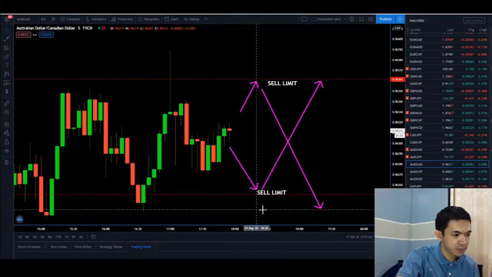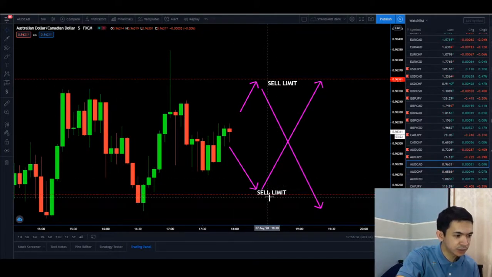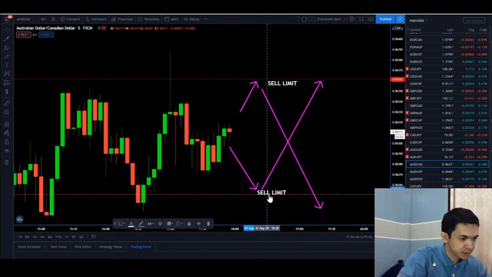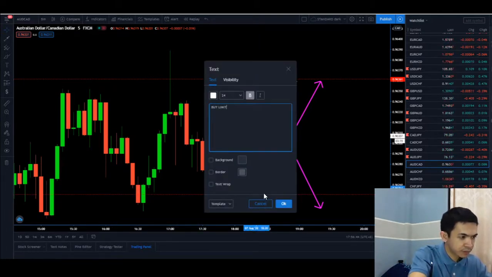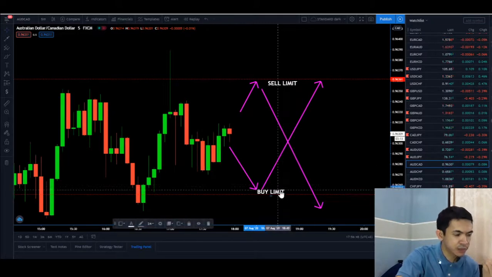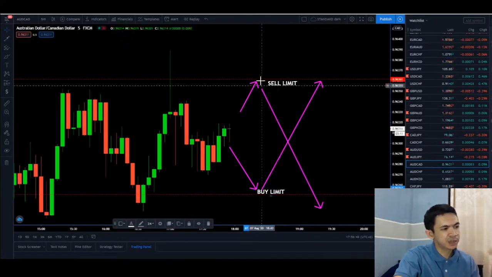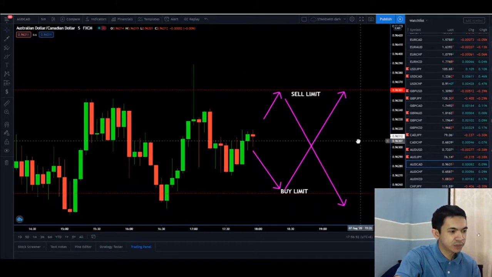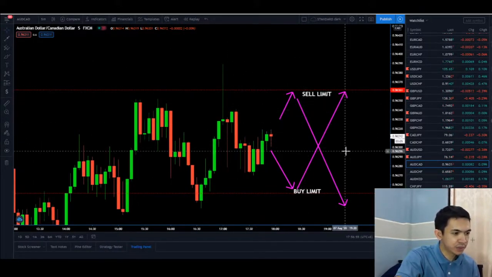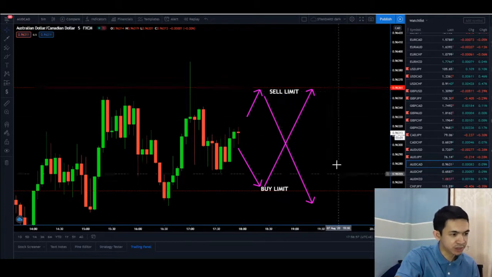You're buying at a much discounted price, you're selling, sorry, buy limit. This is buy limit, right? You're buying at a much discounted price and you're selling at a much higher price. So you're anticipating the price to reach a certain level before it goes to the opposite.